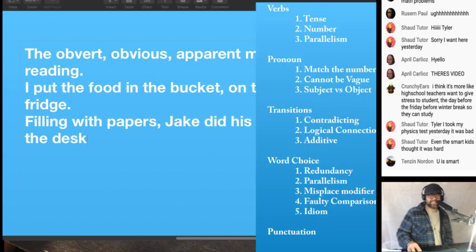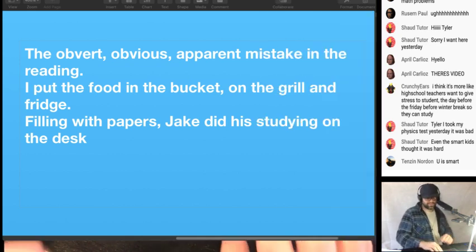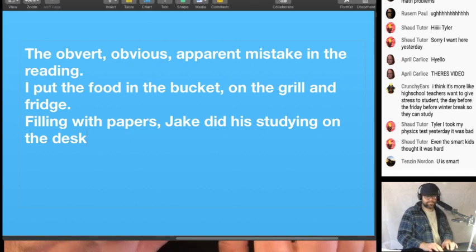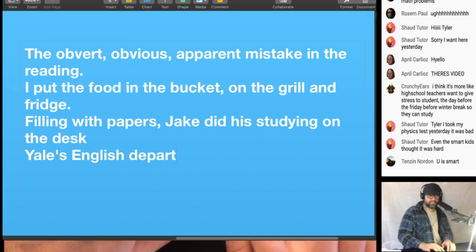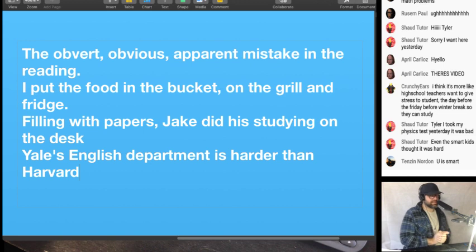The second to last thing that we need to talk about is faulty comparisons. These are kind of whack. I gotta say, these are very difficult to understand. All right, so this is an example of a faulty comparison.